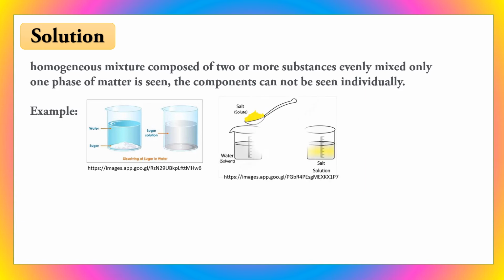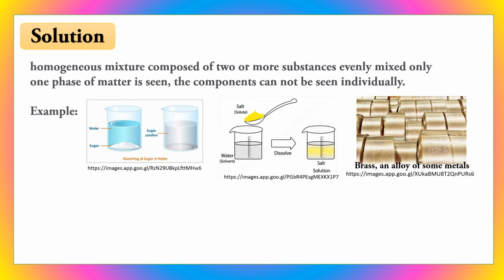Now let's have another example. Salt and water. When the salt is dissolved in water, it becomes a salt solution. So it's evenly mixed, only one phase of matter is seen. Here is liquid, so this is the phase of water. But this one, brass, is an alloy of some metals. When we say alloy, it's a combination of at least two different elements like copper or tin or iron.